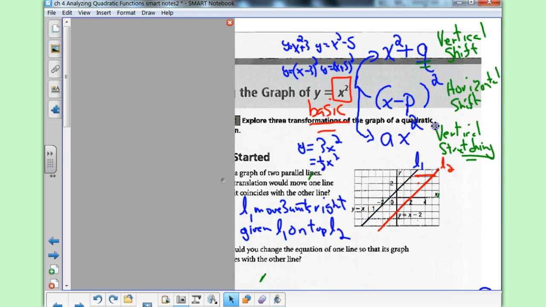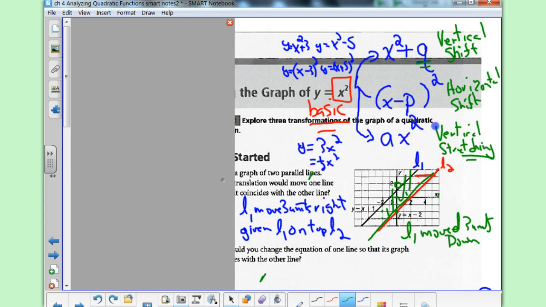Instead of going 3 to the right, can you see another option? We could take line 1 and go 3 units down. If I took every point 3 units down and dragged this line down and down, I would be on the same line. So you could also just take the green option, line 1 gets moved 3 units down, and that would create the same line.